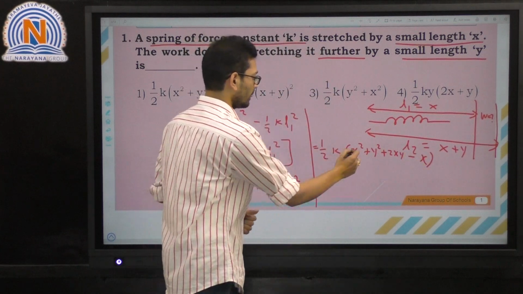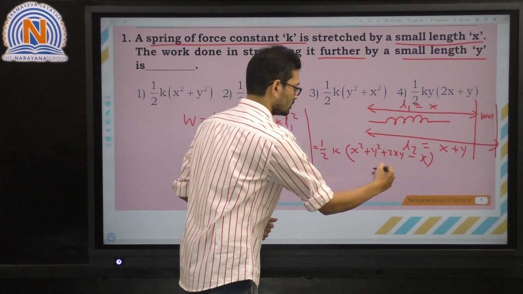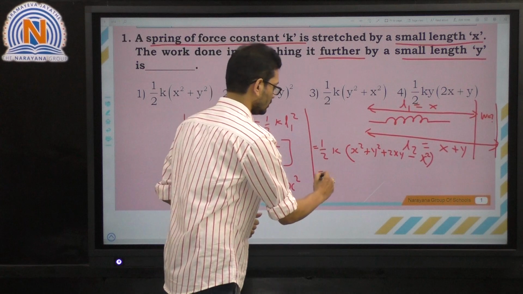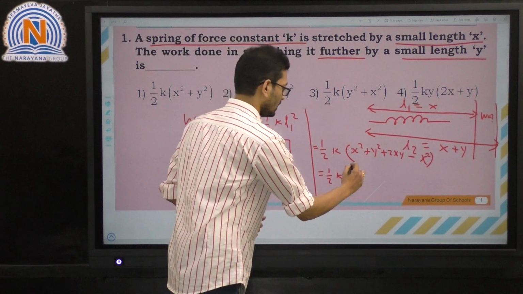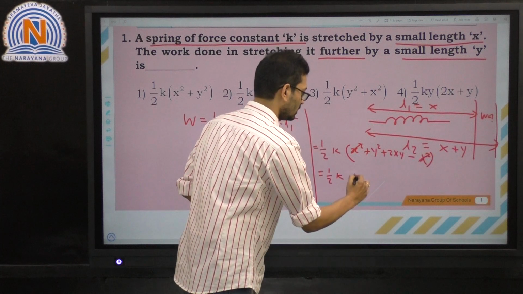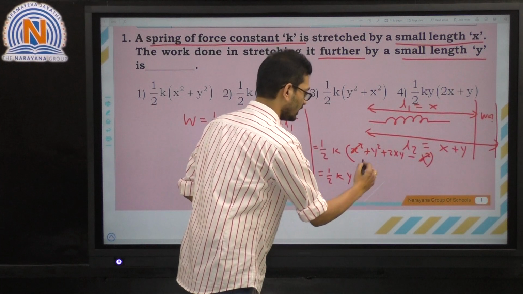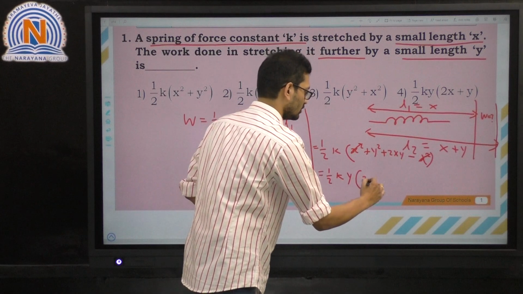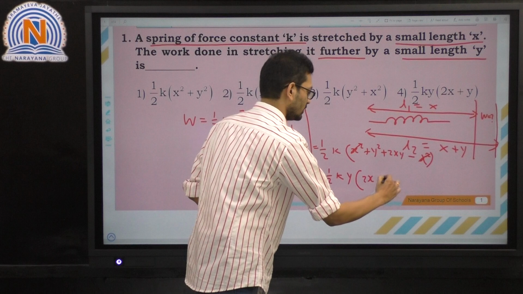From here, x squared minus x squared gets cancelled. You are left with half k; take y common from the remaining terms and you get y into 2x plus y.